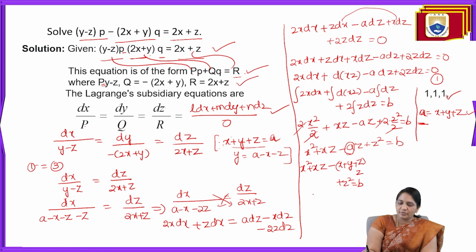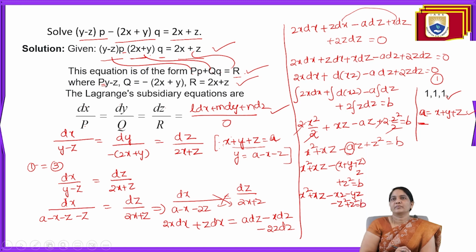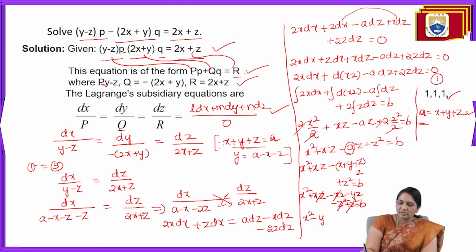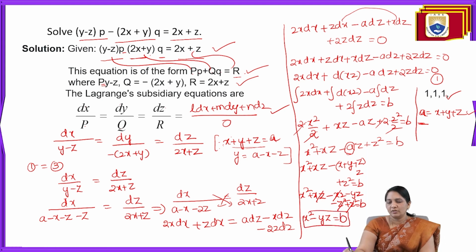So x square plus xz minus xz minus yz minus z square plus z square equal to b. Here plus z square minus z square cancelled, plus xz minus xz cancelled. Finally, I got x square minus yz equal to b. So this is my second solution. What is my second solution? v equal to x square minus yz.